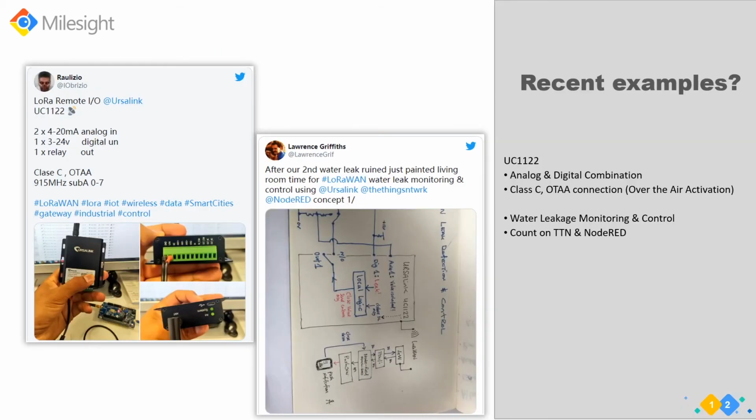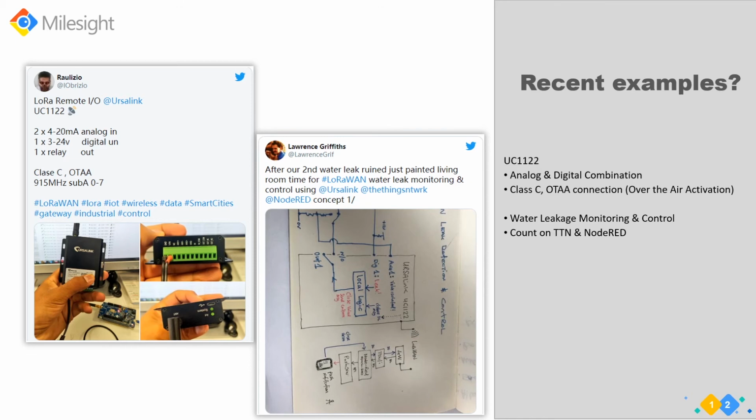Okay, in this recent example, one of our customers is using the UC1122, the LoRaWAN-based controller with 2 analog input and 2 digital input relay output interfaces, for the application of water leakage monitoring.